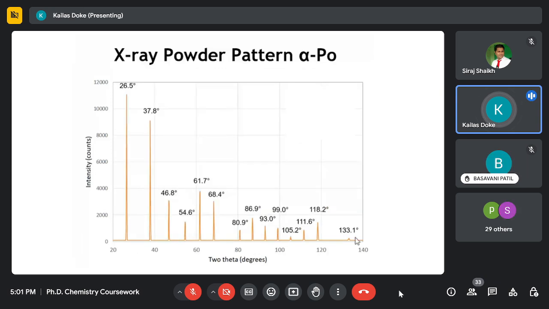These are the XRD patterns. The 2 theta value is already given at the peak position. Whether it is simple, body centered or face centered. And second, what is the a value and what is the volume of unit cell. Okay, sir. Any question? Any query?